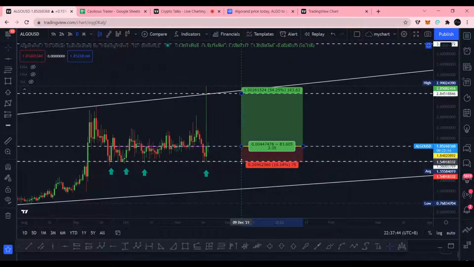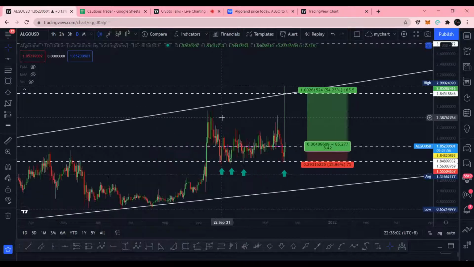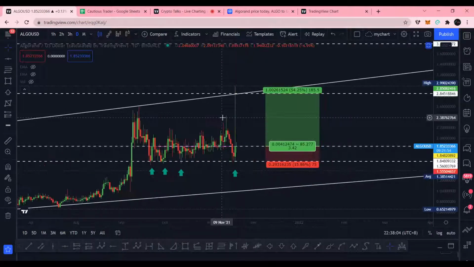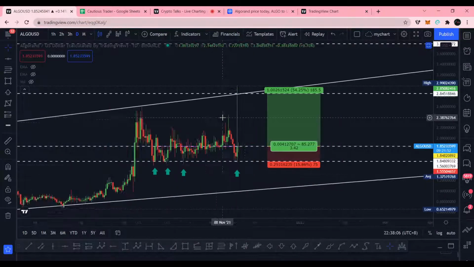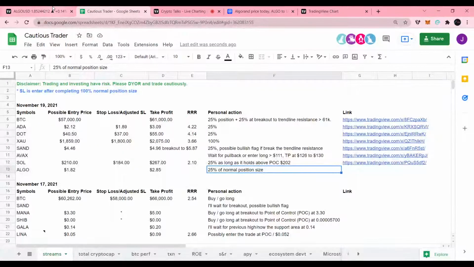And if it's at least 2, then I will enter the trade. So most likely, I might enter the trade at 25% or 100% of my position size, depending on your plan also. But for me, it's normally 25, 25, 25 until I reach my complete position size.